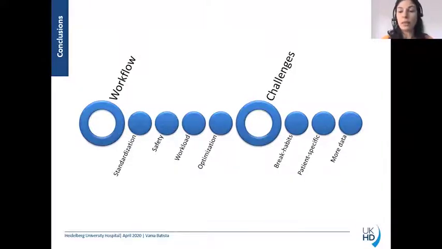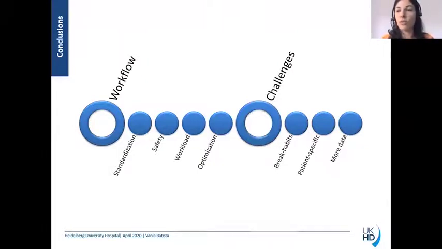It's important to keep in mind some challenges. You need to break some habits. You need to understand that the system is really patient specific, so we cannot define a really straightforward workflow without doing any change, because each patient is different. Each breathing, for example, is different. And now you have more data than before.